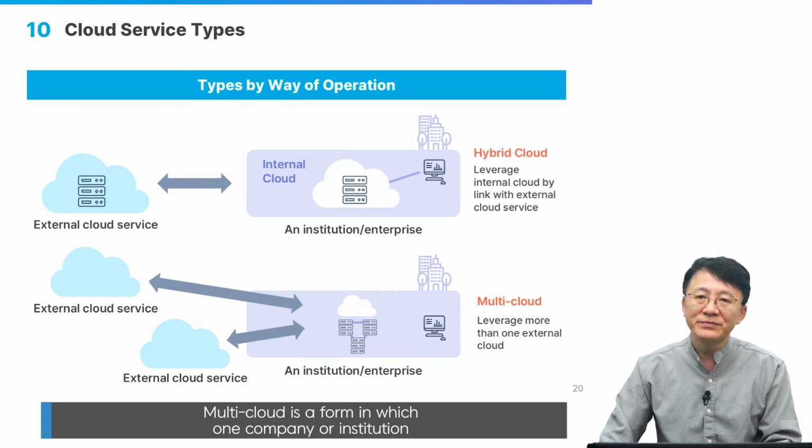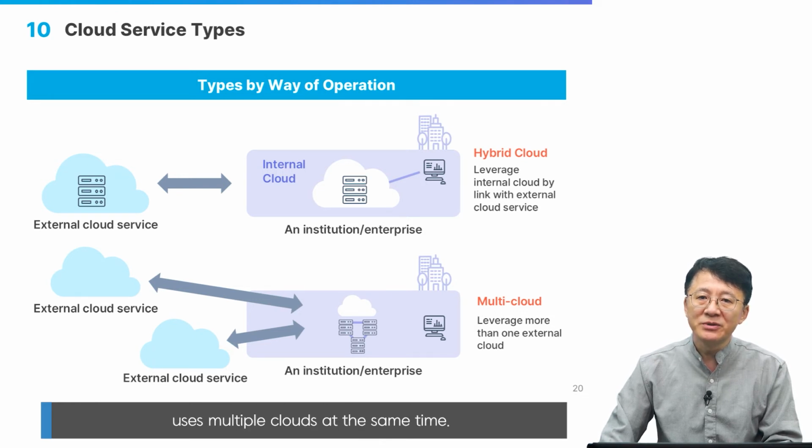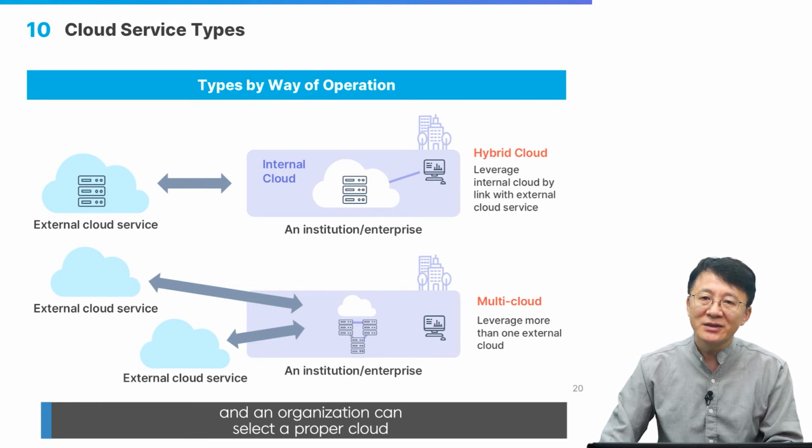Multi-cloud is a form in which one company or institution uses multiple clouds at the same time. Each cloud has its own characteristics, and an organization can select a proper cloud according to its own requirement.